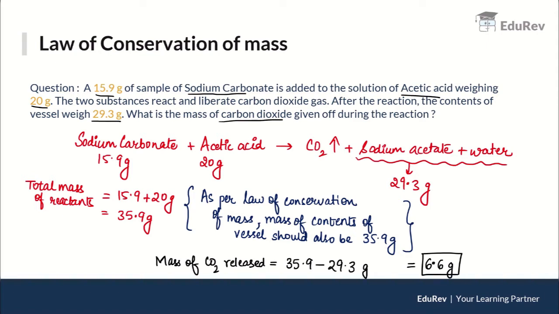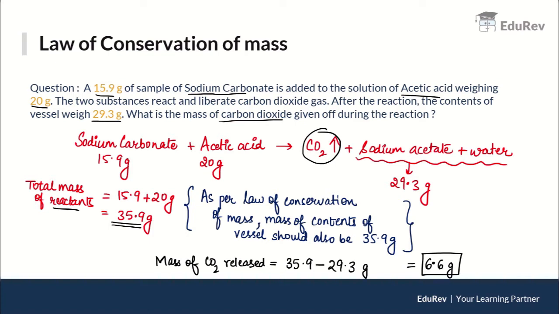So, if I have to write this reaction, I can say sodium carbonate plus acetic acid releases carbon dioxide, and what other products are formed is sodium acetate and water, right? So the total mass of reactants given is 15.9 plus 20, which gives me 35.9 gram, right?